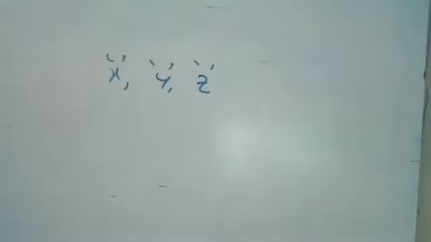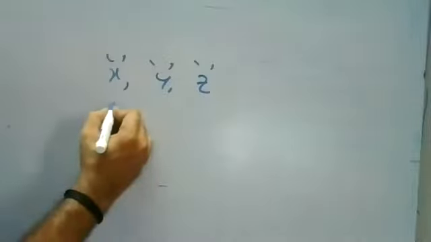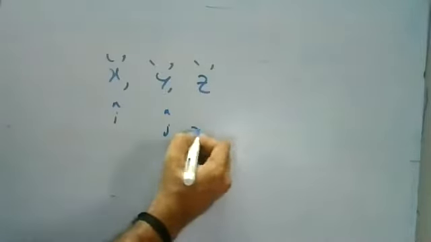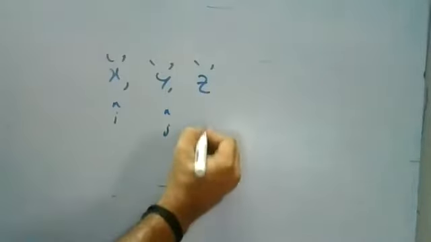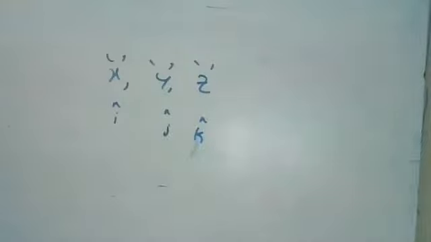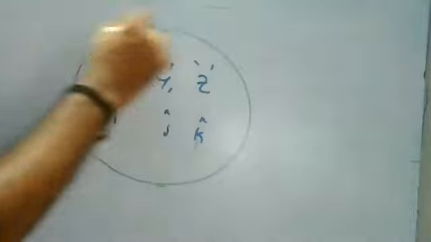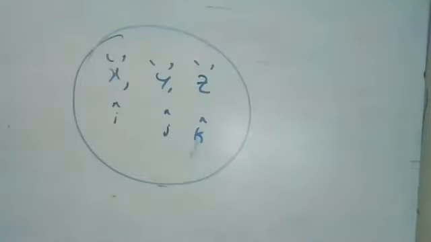They will be mentioned as i cap, j cap, and k cap. So the representation of x, y, z is what we call orthogonal unit vectors.